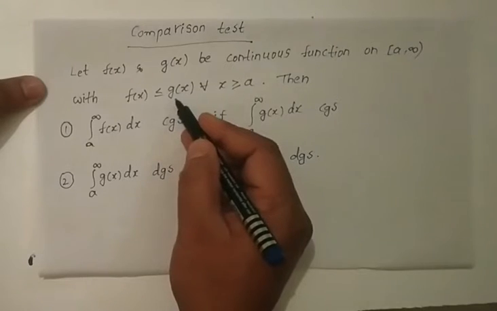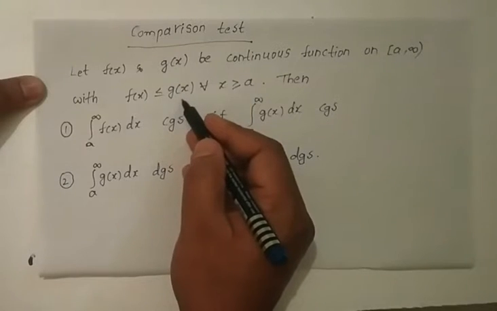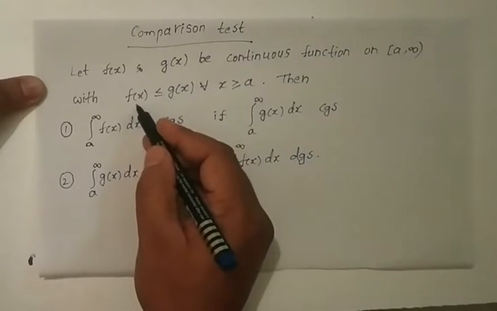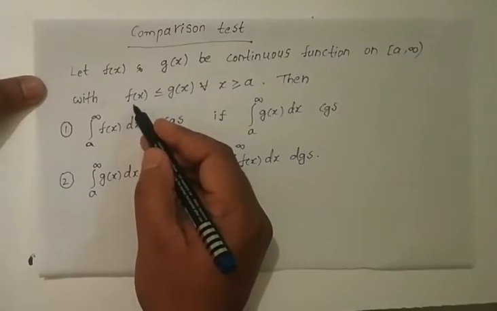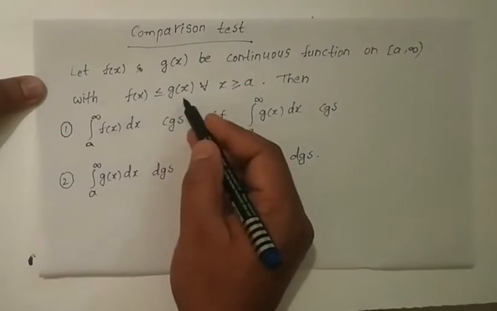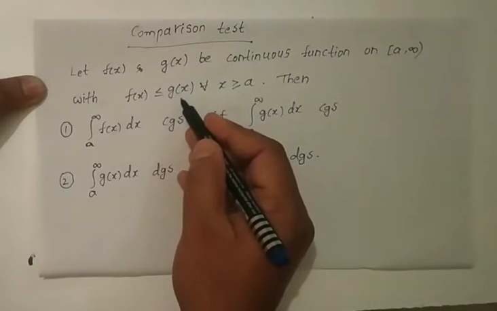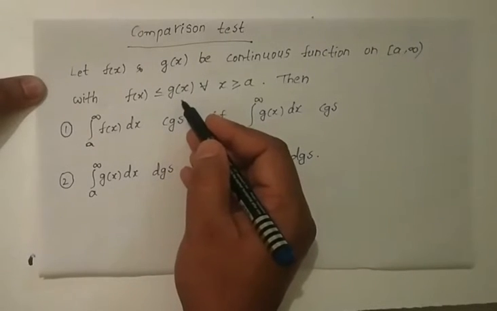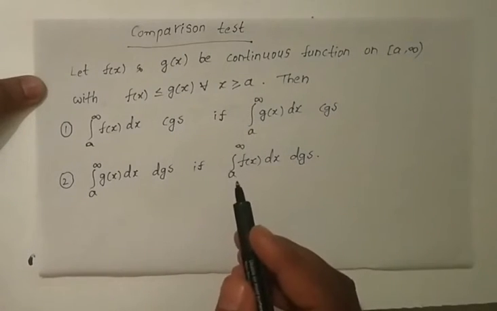If the integral of the bigger function is convergent, then the integral of the smaller function is also convergent. Similarly, if the integral of the smaller function is divergent, then the integral of the bigger function is also divergent. We have to follow the same procedure.